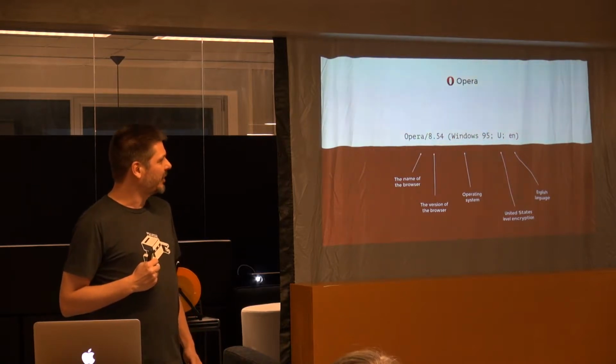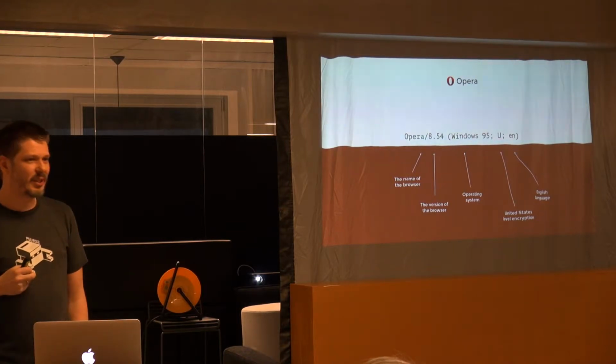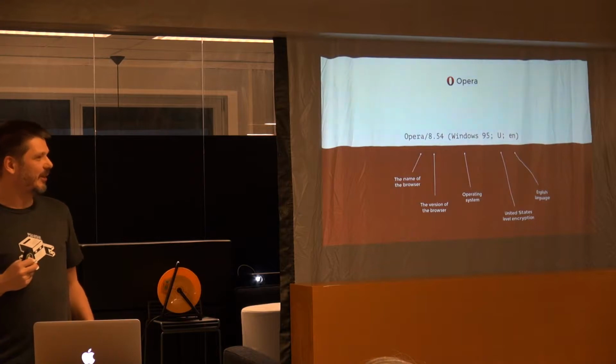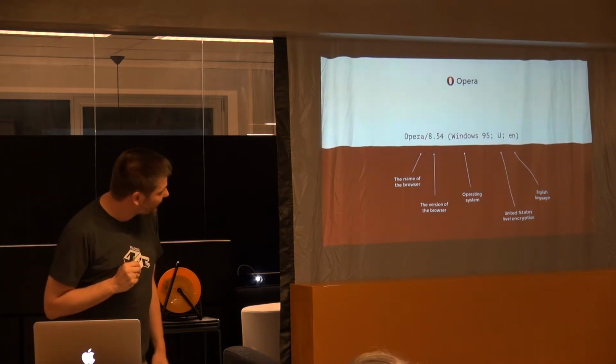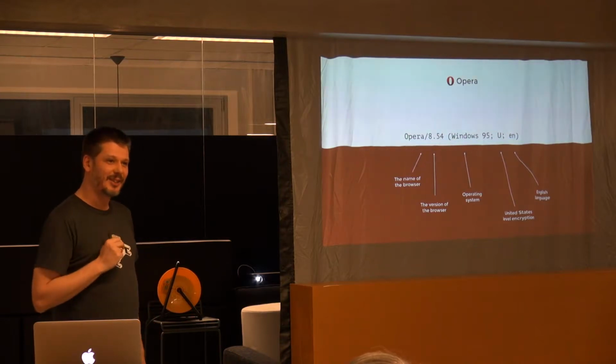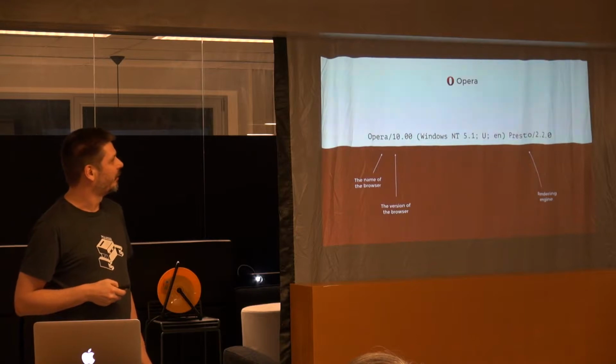But they actually had another problem. They were the first to reach double digits. And if you are a lazy web developer and only look at the first digit after Opera slash, this is Opera 8. This is Opera 1.